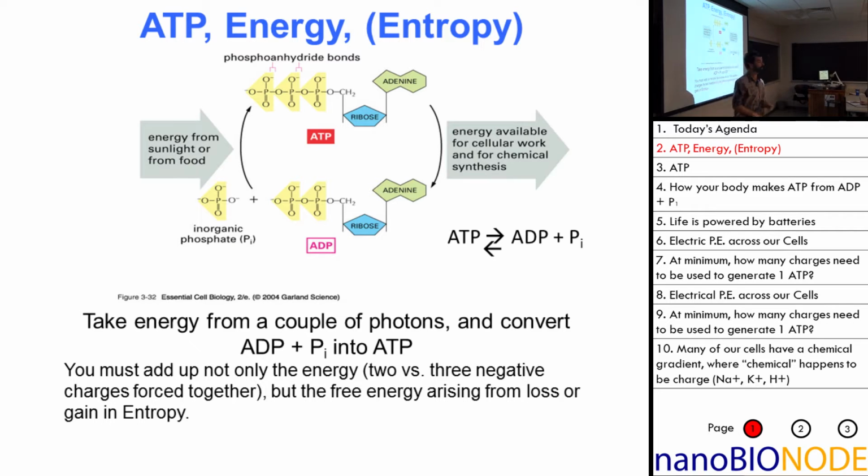However, that is not all that is going on. What else is happening when you have the 3 charges just right here versus two charges and the one charge over here?